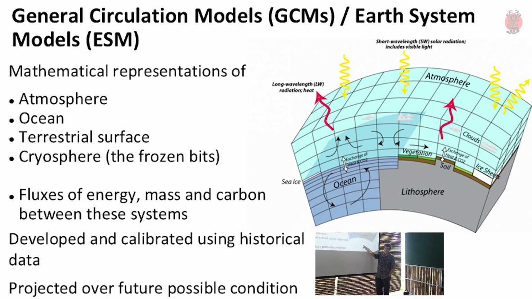A climate model models the fluxes of mass, energy, and carbon between these systems in grid cells, so energy is transferred across grid cells, etc. Climate models were developed and calibrated using historic data. And then we develop the model and project it over the future.